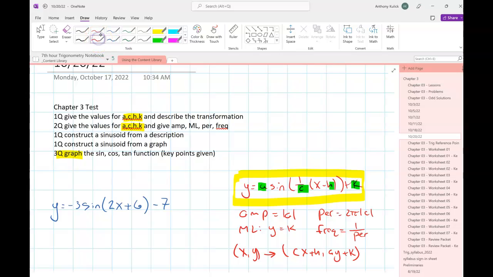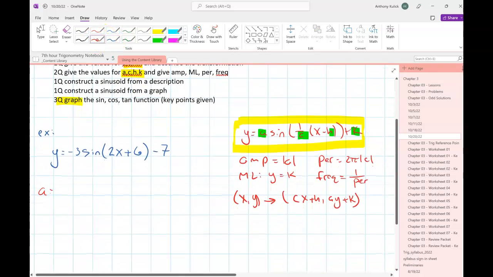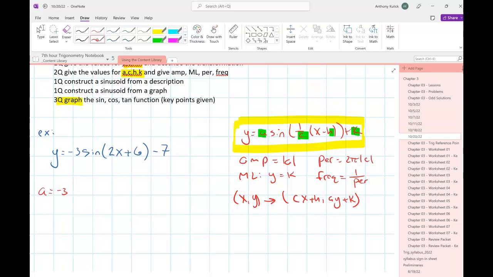Let's say we have something like this. What's my value for A? -3. Now, before I find my values for C and H, what should I do?